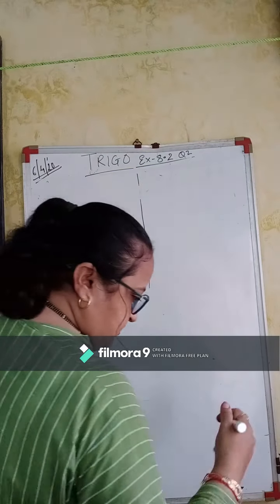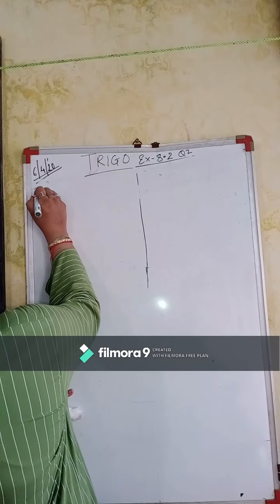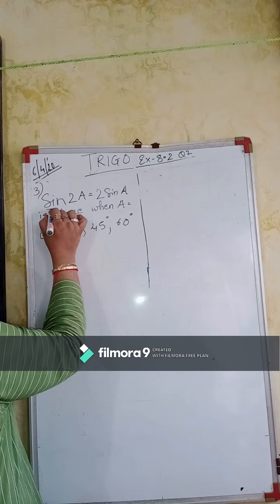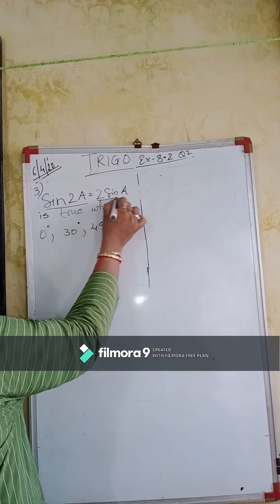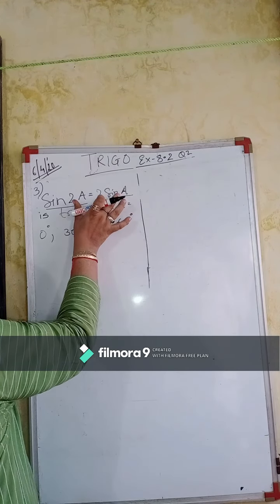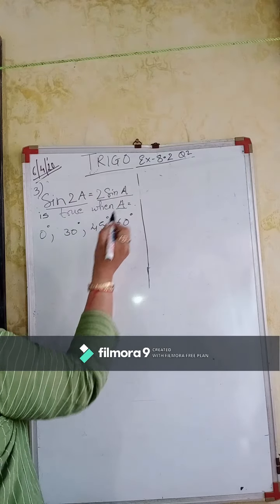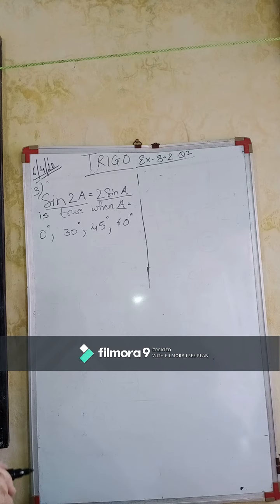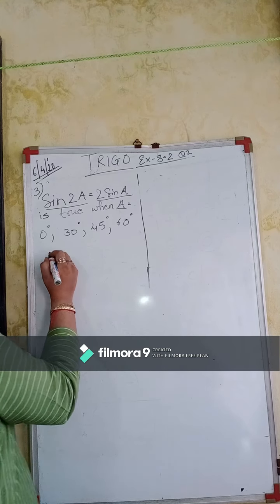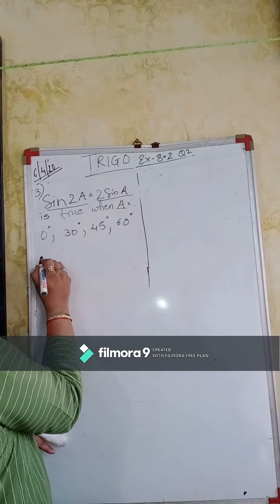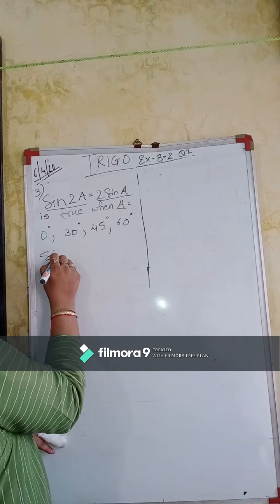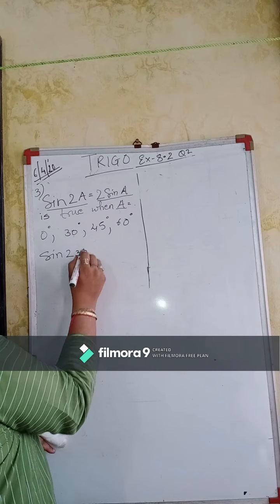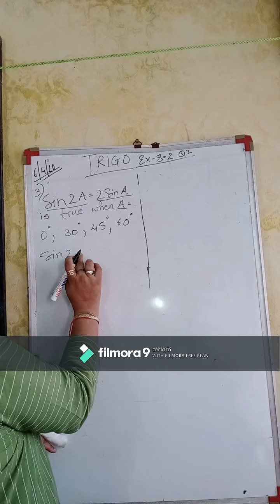Next question is number 3, sin 2A and 2 sin A. Both are equal only when A is what? Actually these two are different ratios. If I put A as 30 degrees, what is the value of sin 30 degree?